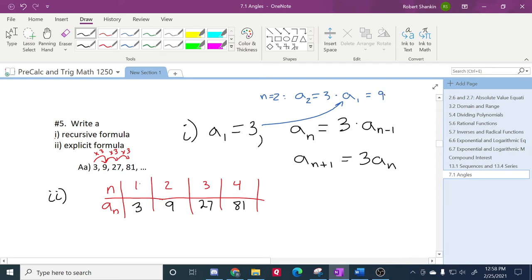But what we're looking for is a relationship between n and a sub n. So we kind of want to have these like this. And so if there's any way I can rewrite these so that it includes an n in them, then I'm on my way. But this is 3 to the first power. This is 3 squared. Notice I'm being able to use the n every time.